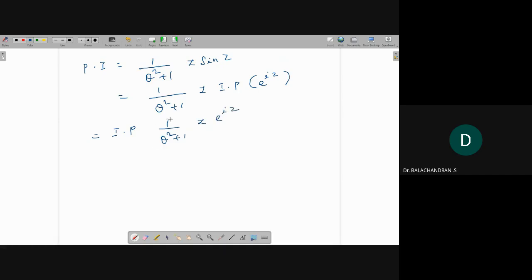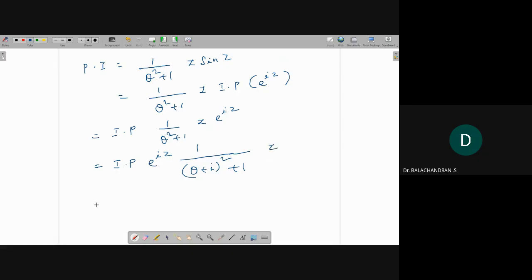So this is type 4 now. In type 4, we will replace θ by θ + a, and a is here i. So 1 by ((θ + i)² + 1) into z.